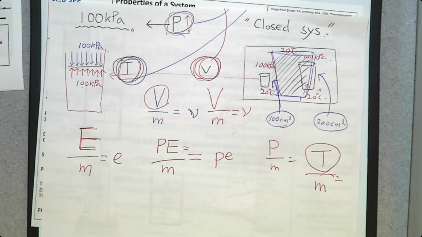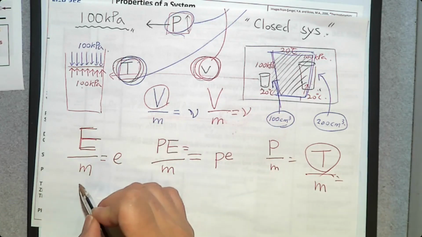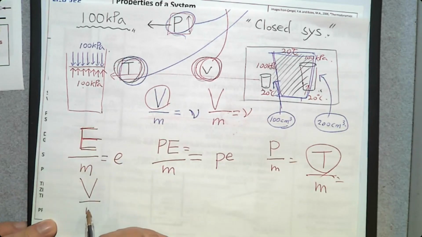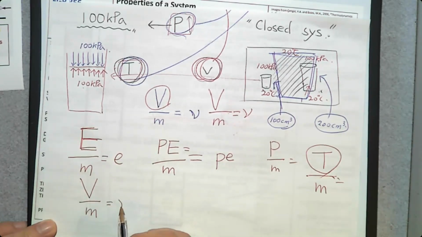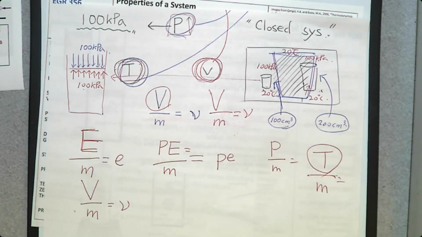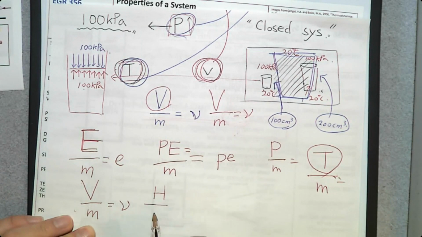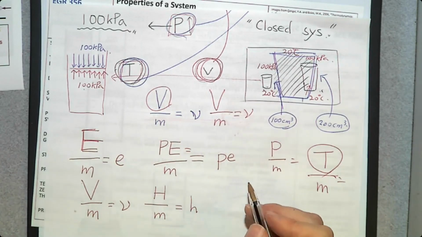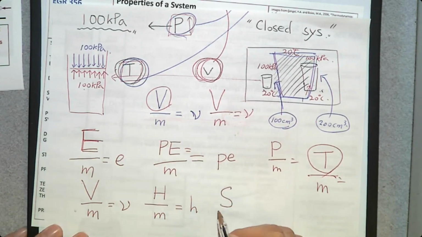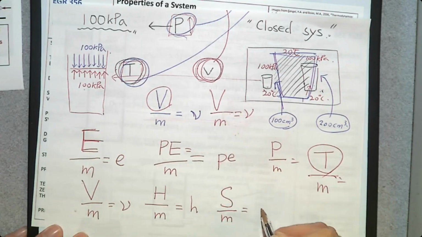If you have volume, then you divide by mass, it becomes lowercase v, specific volume. If you have enthalpy that you are going to study later, enthalpy divided by mass becomes lowercase h. If you have entropy that you are going to study in chapter 6, divided by mass, you get specific entropy.